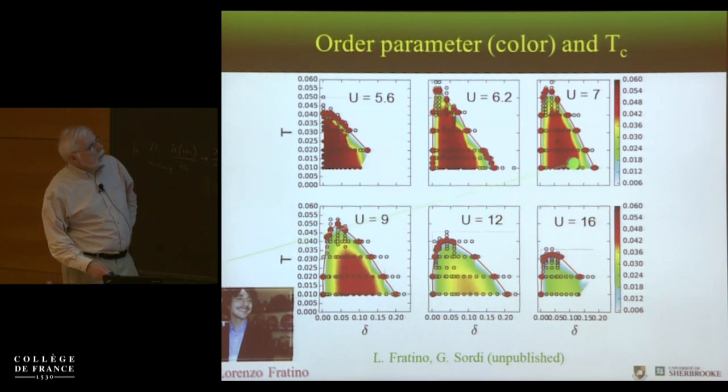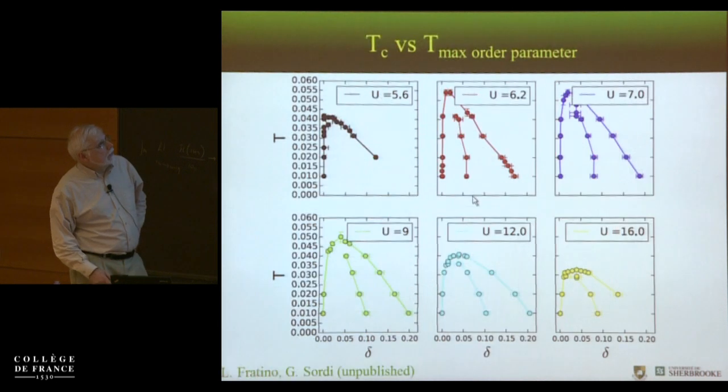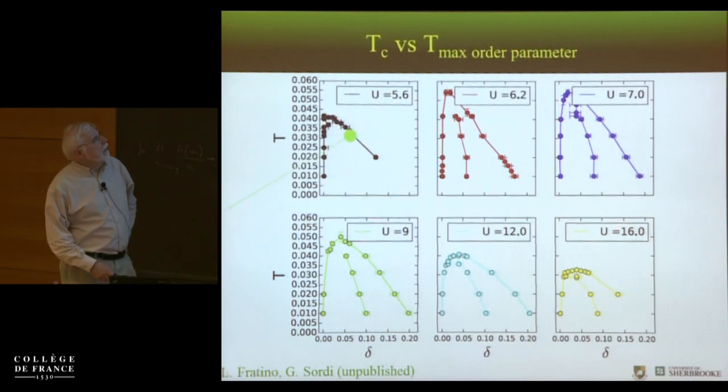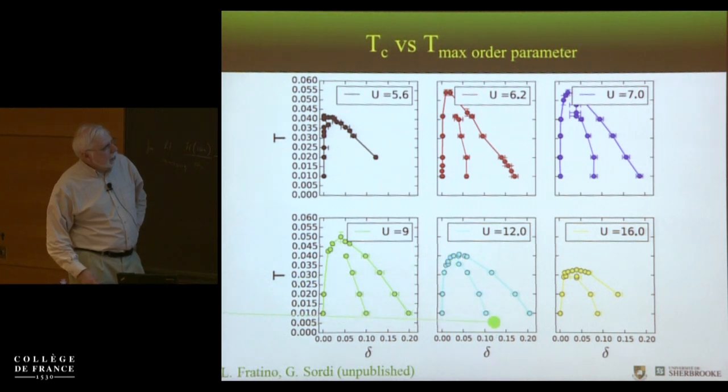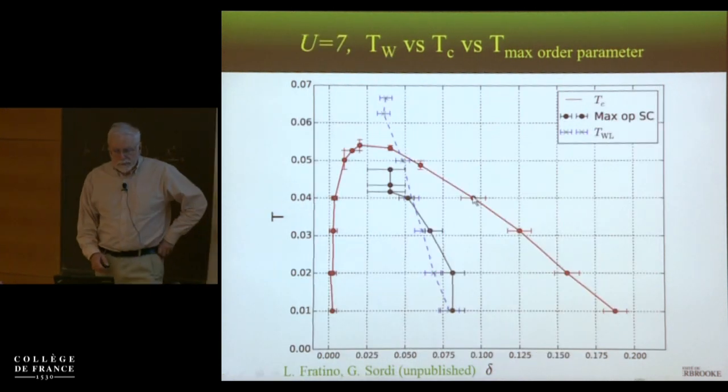So the order parameter is maximum not at the same place as the superconducting order parameter, and that's most easily seen on these plots. Let's look at this one, for example, for U equals 12. You see there's a superconducting dome, and this is the maximum of the order parameter. So this maximum of the order parameter seems to track this 10%, but it goes to very low doping.